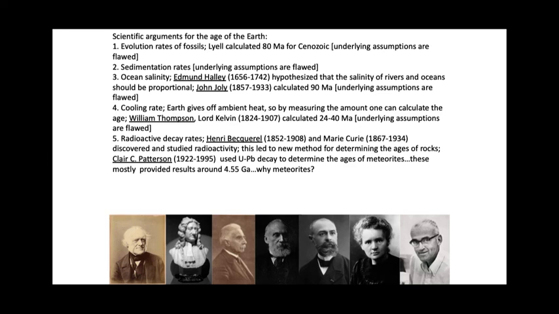And so he did that, and he kept getting bad results. And he would come up with worse and worse results all the time. And in fact, he was doing his work in the 1940s and 1950s. And that's Claire Patterson on the end there.